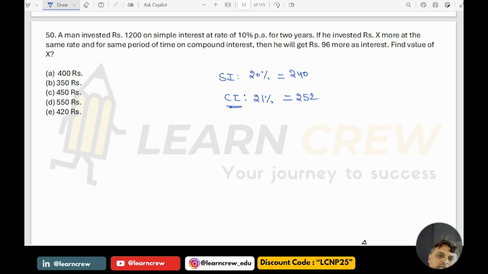Right. Now, if he invested X rupees more for the same time and same period on compound interest, he will gain 96 rupees more. So here, please understand, 1% is equal to 12. If 1% is equal to 12, then 21% is 252.